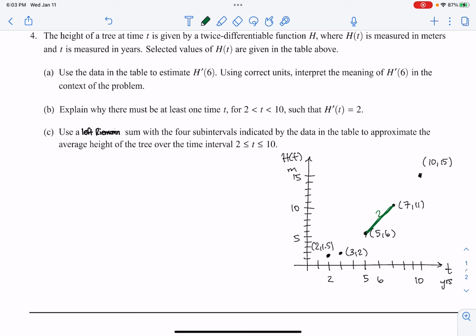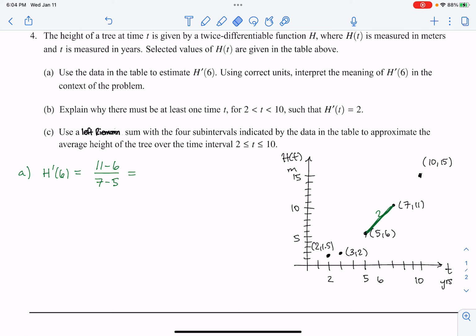Right, so we can say part A, h prime of 6 is approximately just the slope between those neighboring points, right? And usually that tends to do a pretty good job. So this will be 11 minus 6 over 7 minus 5.